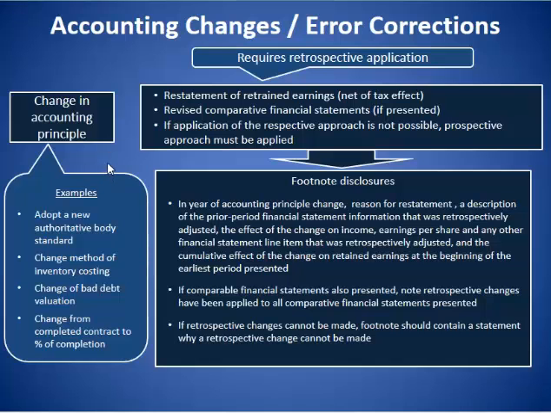Now, examples of this change in principle would be to adopt a new authoritative body standard, a change in the method of inventory costing, a change in the method of bad debt valuation, a change from completed contract to percentage of completion for recognizing, as an example, revenue.